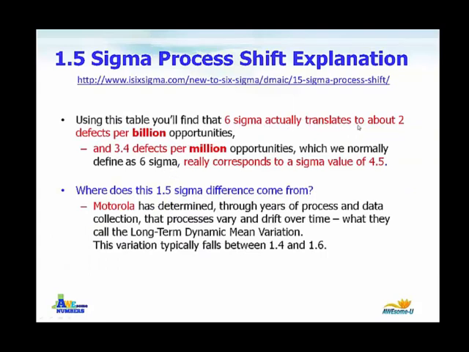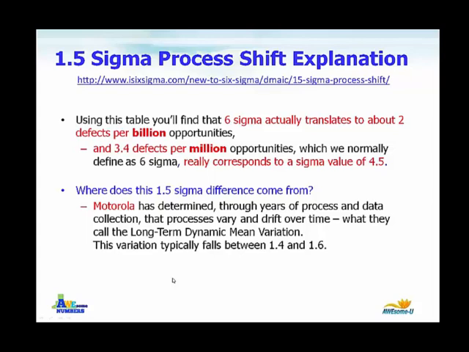6 sigma actually translates to about 2 defects per billion, and the 3.4 defects per million that you normally think of as 6 sigma is really a sigma value of 4.5. Where does the 1.5 sigma difference come from? Motorola, back in the 80s.